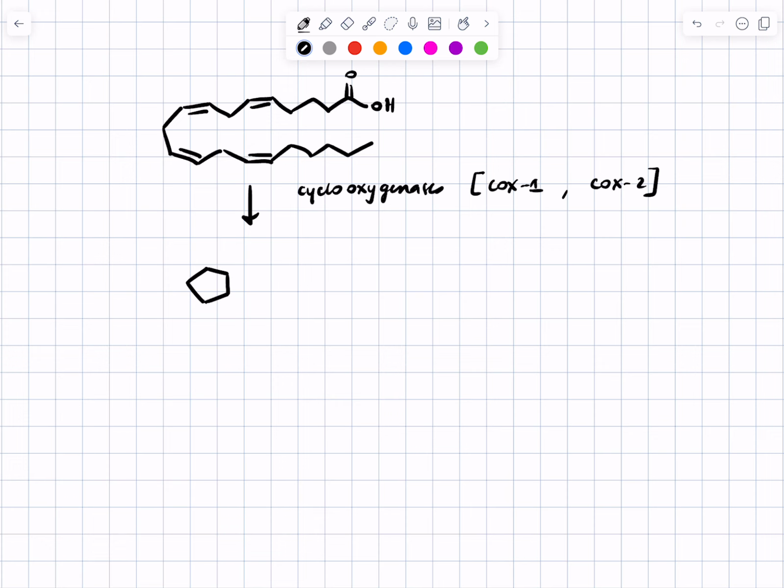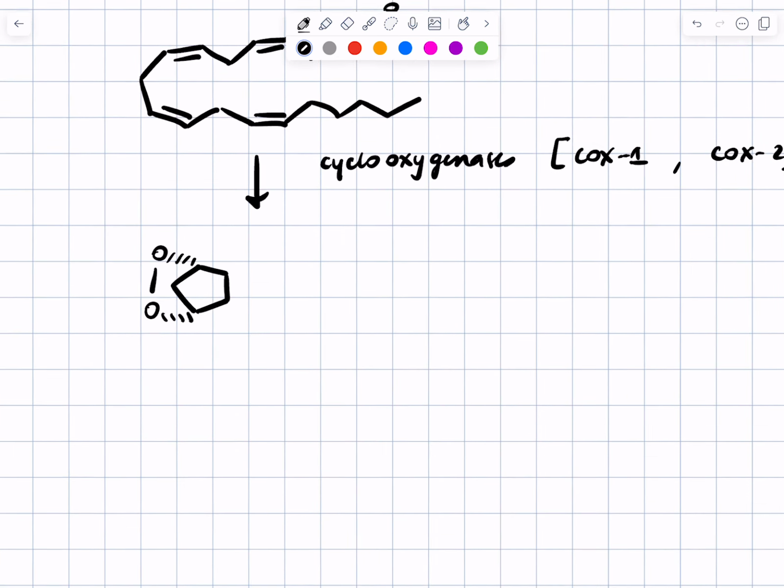There's a 5-membered ring here. You can see why these are called cyclooxygenases, because the molecule is cyclized and there are oxygens on these 2 carbons that didn't used to be there.